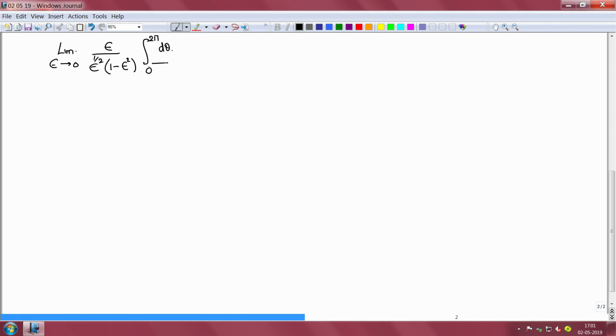Of course, this integral gives me twice pi, but here this epsilon to the power half cancels with epsilon and I get an epsilon to the power half, and limit epsilon tending to 0, this goes to 0.